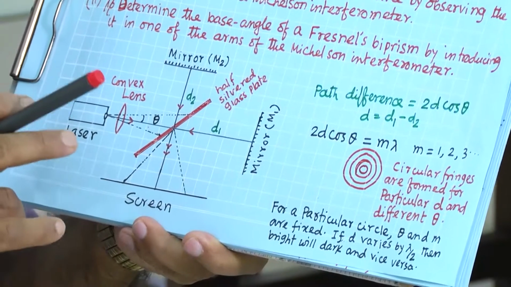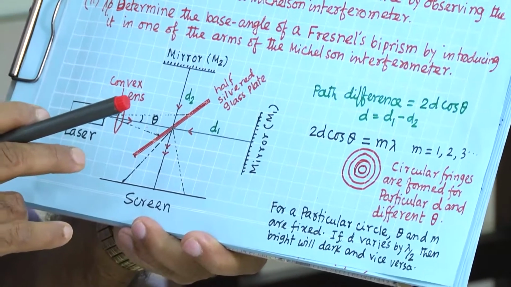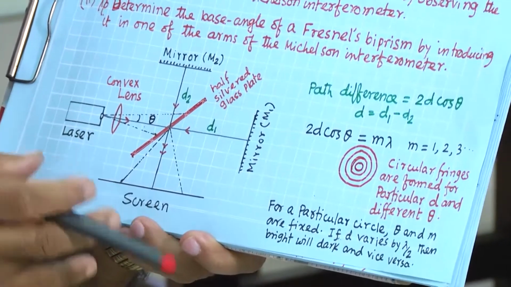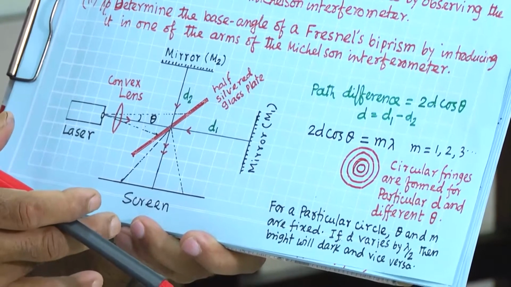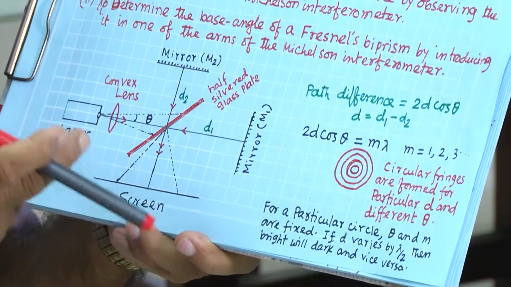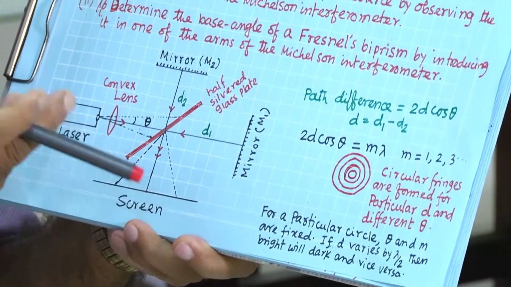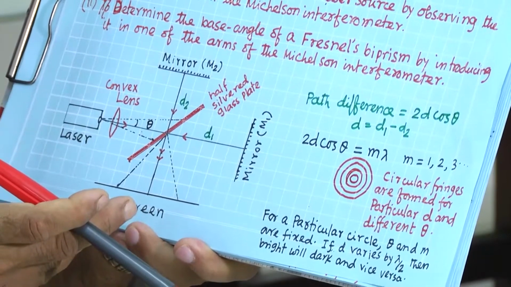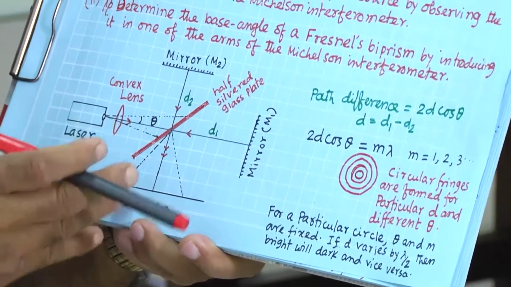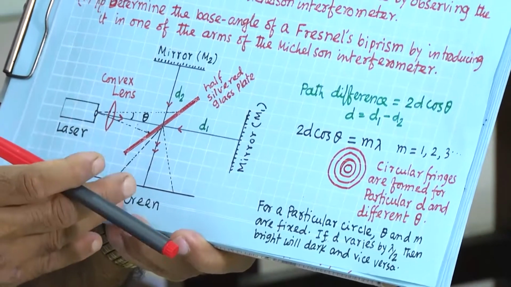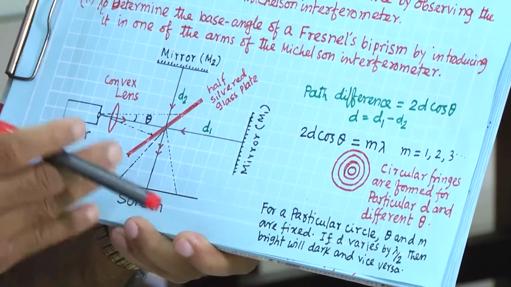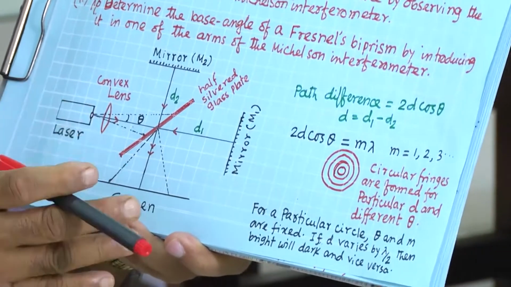So, two important things: one, if the thickness is the same, then the fringes we get are because of the variation of the angle of inclination; and if the thickness varies, then we get fringes for a particular inclination.